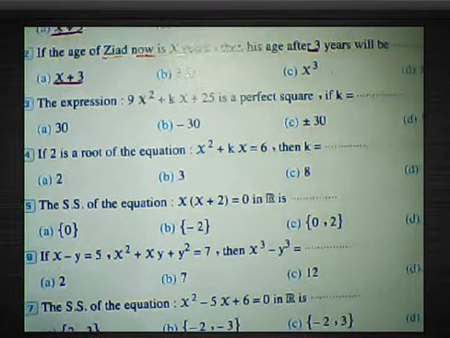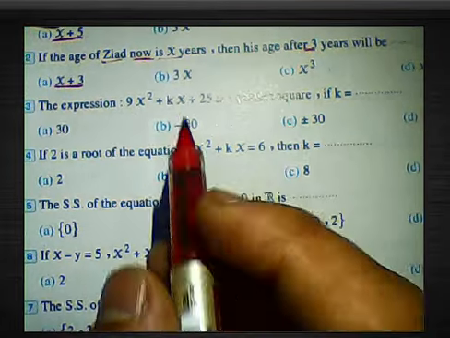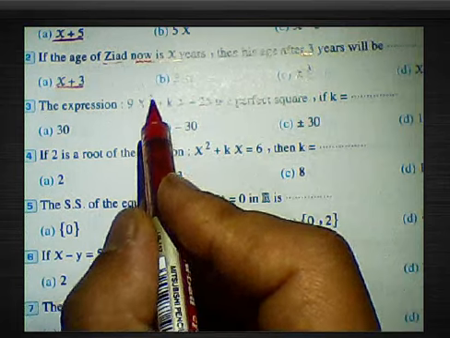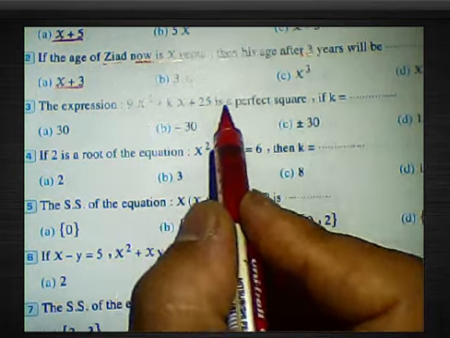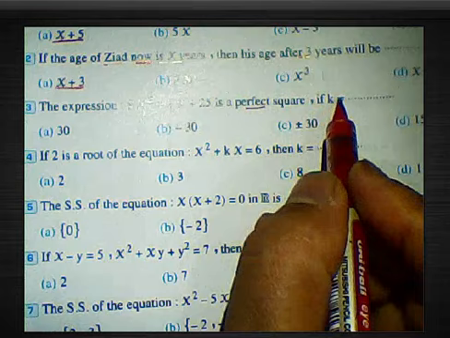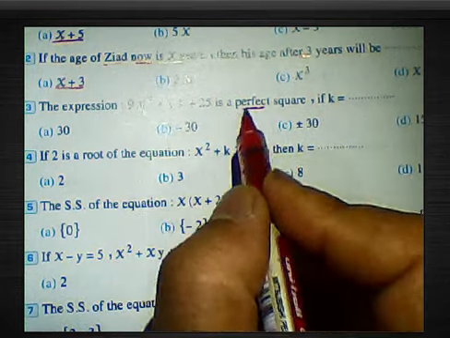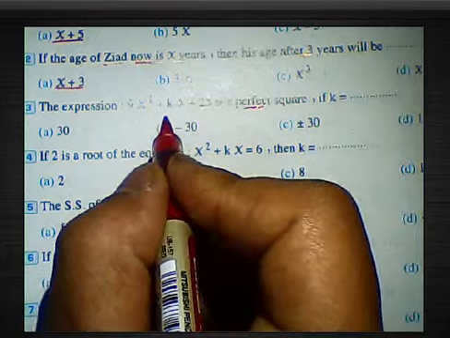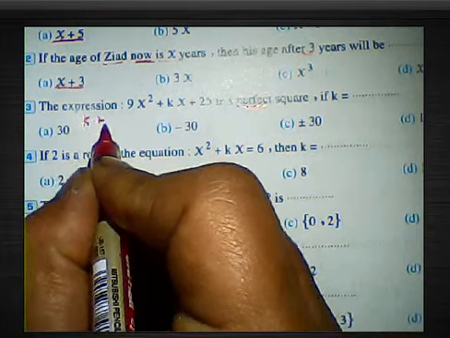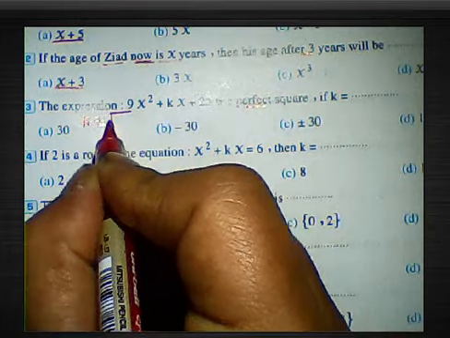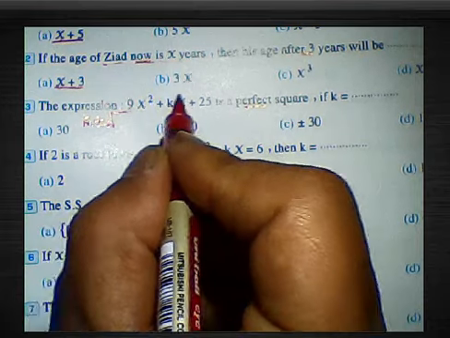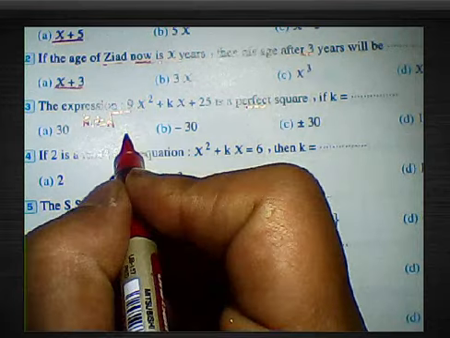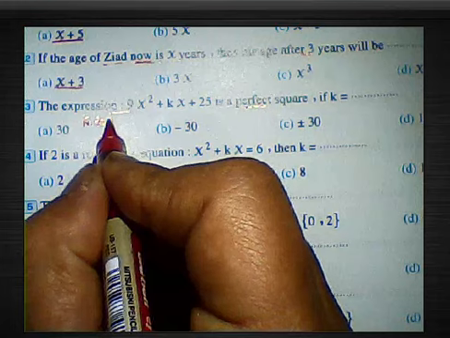Question number 3. The expression 9x power 2 plus kx plus 25 is perfect square if k equals what? He asked about perfect square. So k will be what? It's the middle term: positive or negative, the square root of the first and third terms multiplied together, and multiplied by 2.